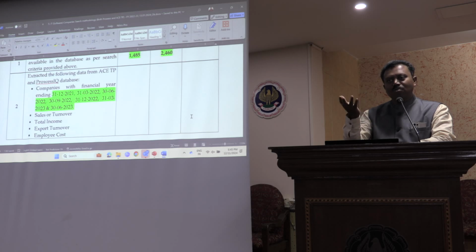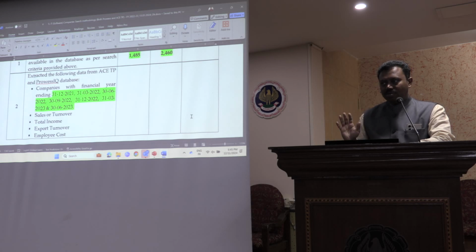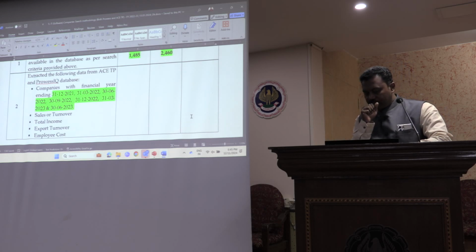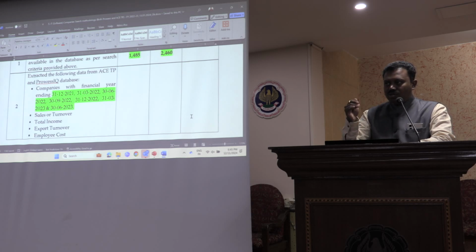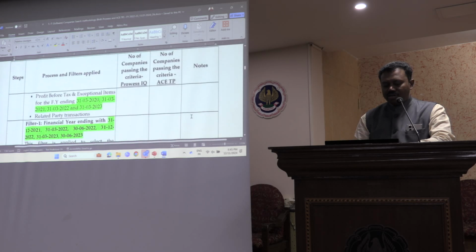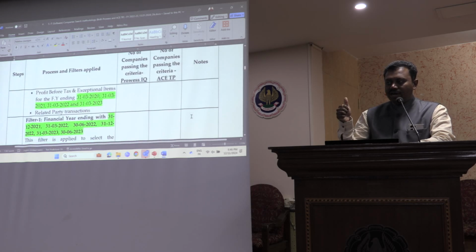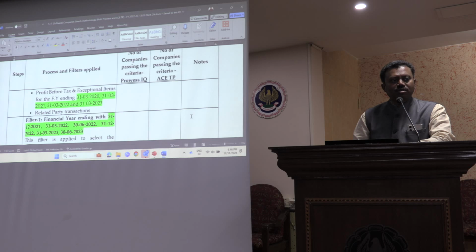So there are several companies whose financial year does not end on 31st March 23, in our example. And from these, what we have extracted: sales or turnover, total income, export turnover, employee cost, profit before tax and exceptional items for financial years ending 31st March 20, 31st March 21, 31st March 22, 31st March 23. And we have also extracted related party transactions.